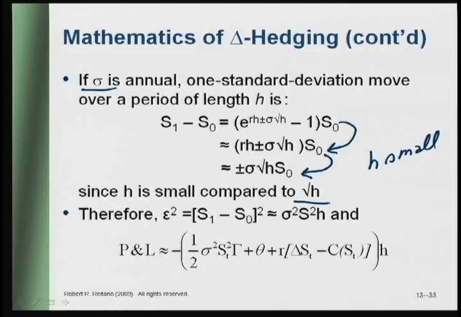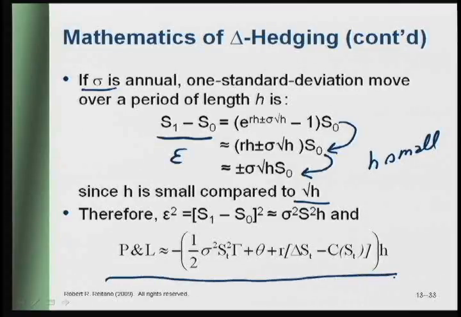And so with this value for the change in S, if we just now substitute that this is the epsilon in the formula, we get that the P&L can be written this way. The P&L is equal to minus, we have a bracketed expression, times h. So the P&L is negative, h is the time interval.